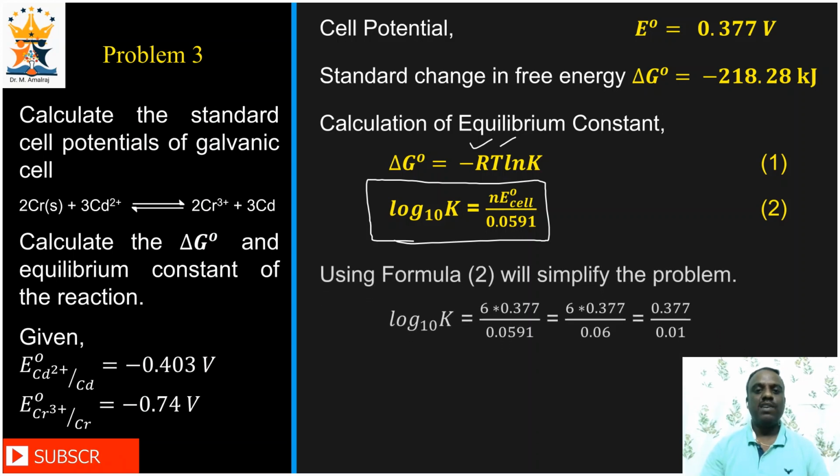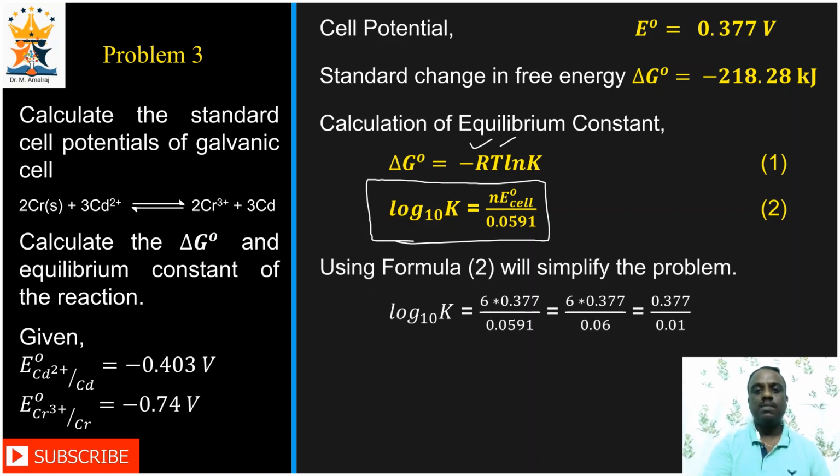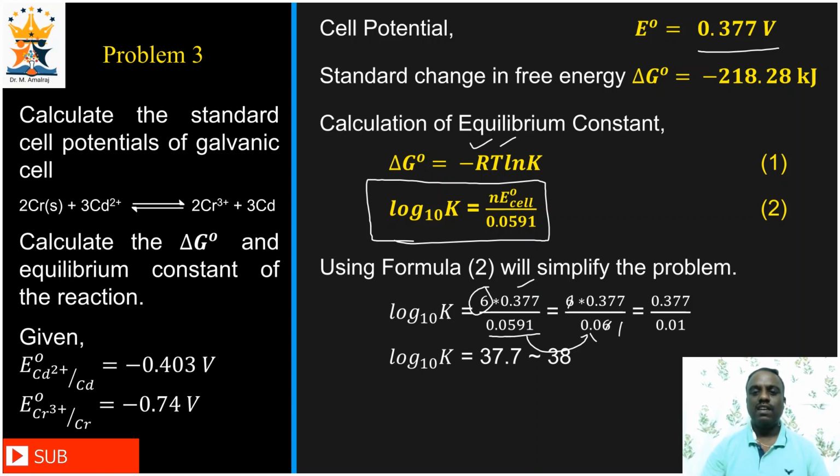So if you use the second formula, see, n is the number of electrons, that is 6 in this case, and E naught value is 0.377 volt and 0.0591 is the constant, and that can be approximated to 0.06. So if you approximate, you can cancel this easily, and when we solve this we will get approximately 37.7, that can also be approximated to 38.